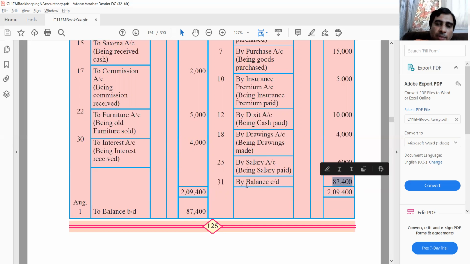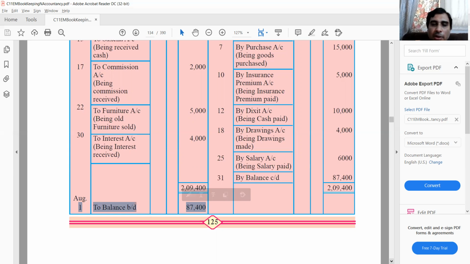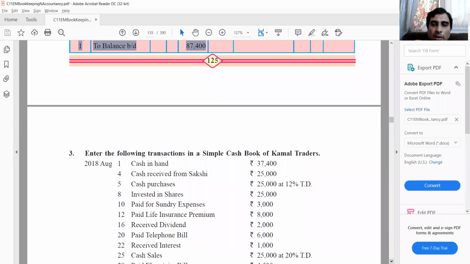So that is the cash balance, how much money is going to be in that box if nobody has stolen money. At the end of the month, you have to have the ledger balance of 87,400 and the real cash in the box has to match. And the next day of the first month, balance brought forward, 87,400. So that's another solved example.